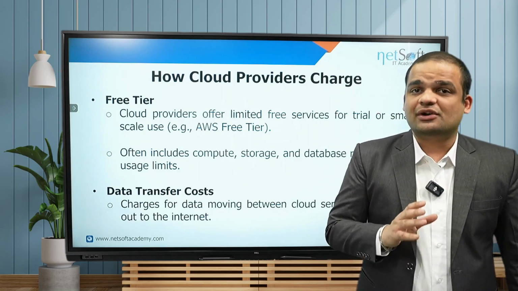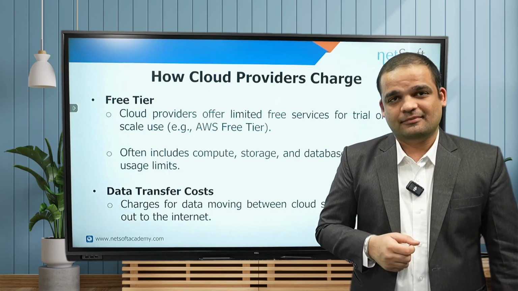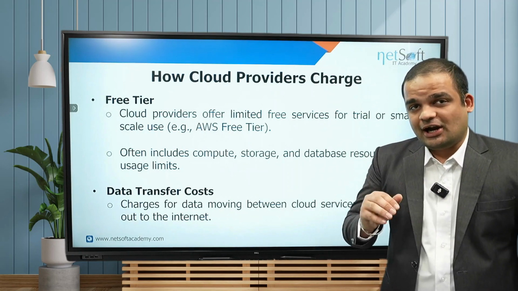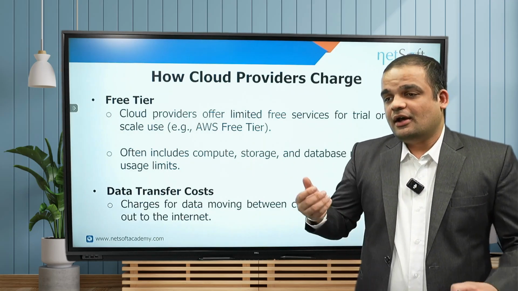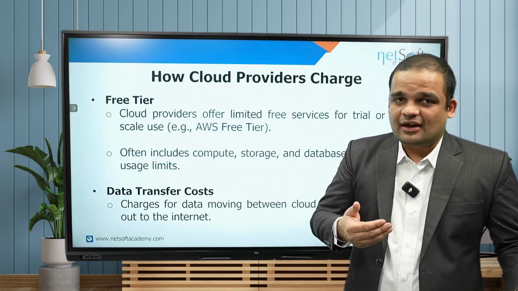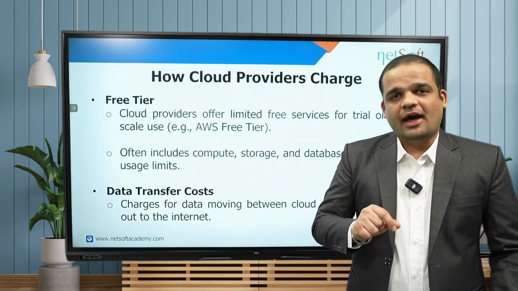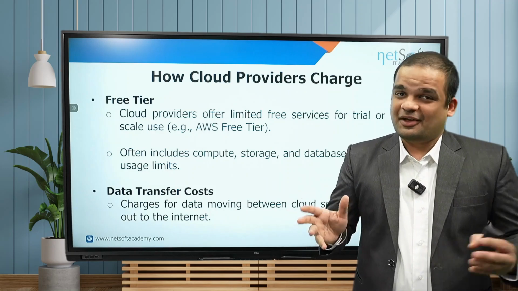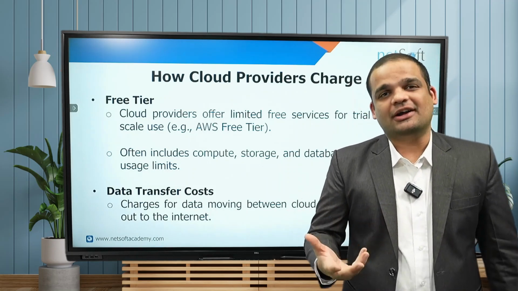So it's important to design your cloud architecture to minimize these costs. It means sometimes ingress might be more expensive than egress, meaning data going into your cloud might be more expensive. But in most cases, the egress is more expensive. That is, data going out of your cloud infrastructure.